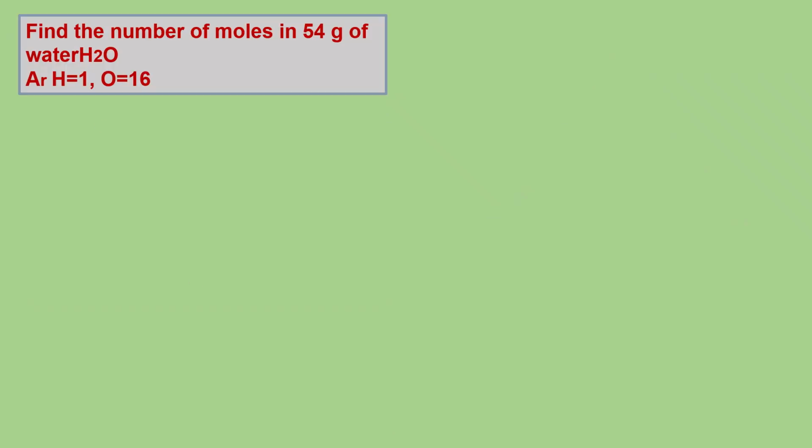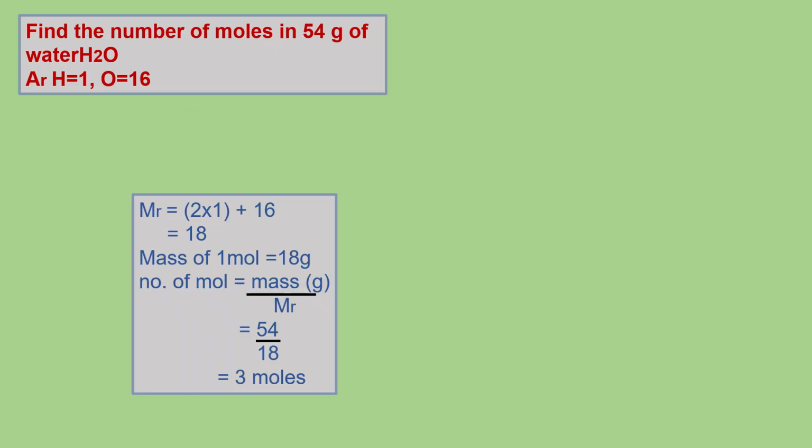Find the number of moles in 54 grams of water. What's given here? They give you the formula H2O in order to be able to calculate the relative formula mass. And you have the mass and you want the number of moles. What do you do? First, find the relative molecular mass. 2 times 1 plus 16, which is 18.